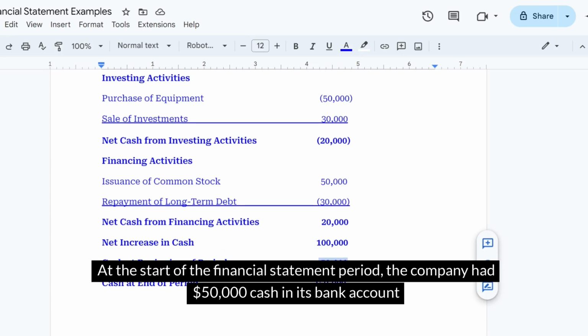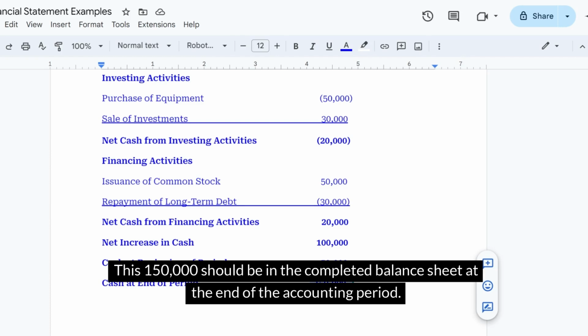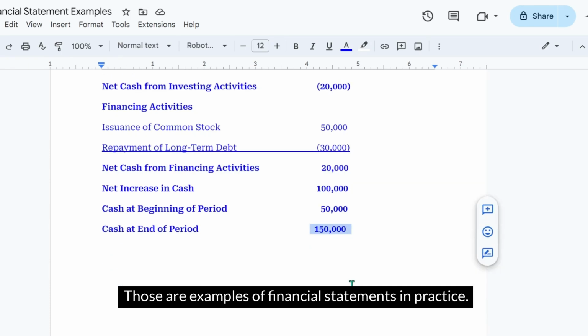At the start of the financial statement period, the company had $50,000 cash in its bank account, and then we added the increase in cash, and this gives us cash at the end of the period of $150,000. This $150,000 should be in the completed balance sheet at the end of the accounting period. Those are examples of financial statements in practice.